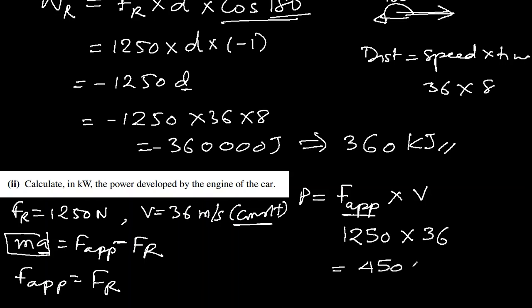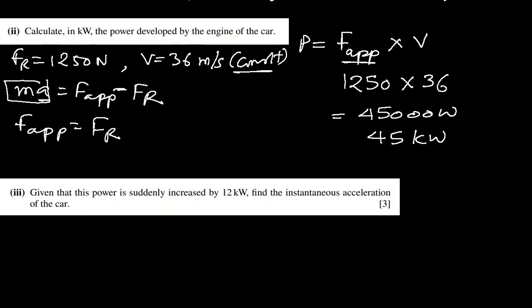We can find the power, which will be 45,000 watts. Now, given that this power is suddenly increased by 12 kilowatts, we had 45 kilowatts, now it is 45 plus 12, equal to 57 kilowatts.